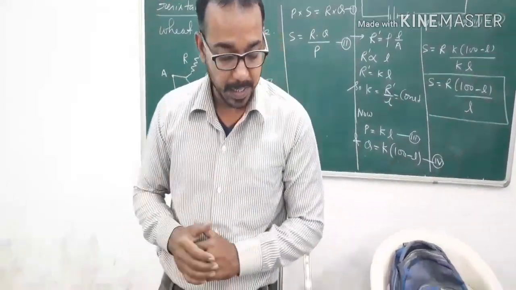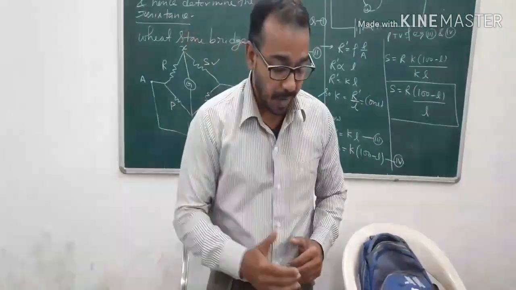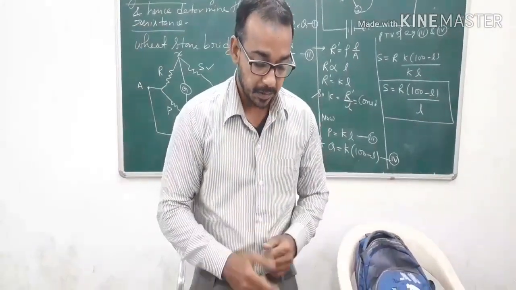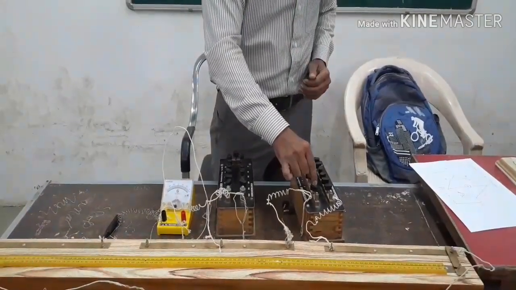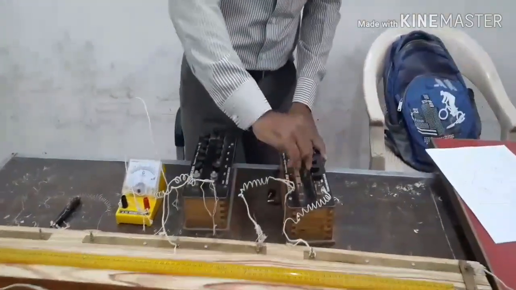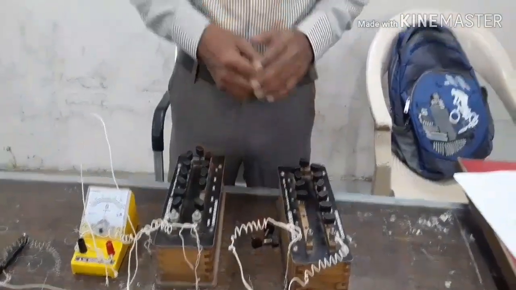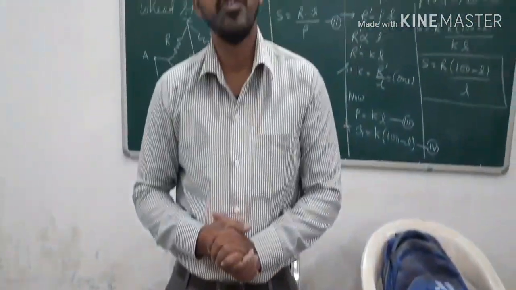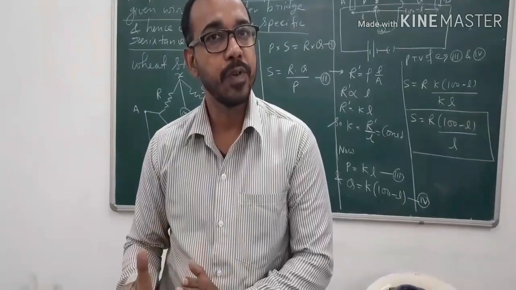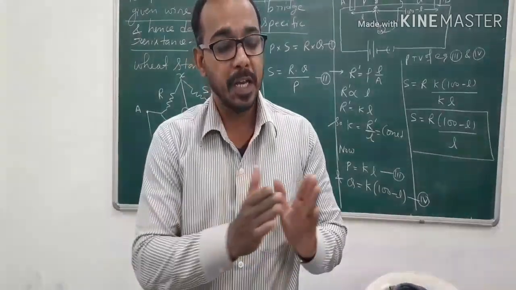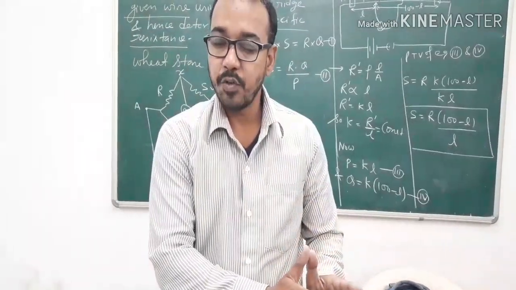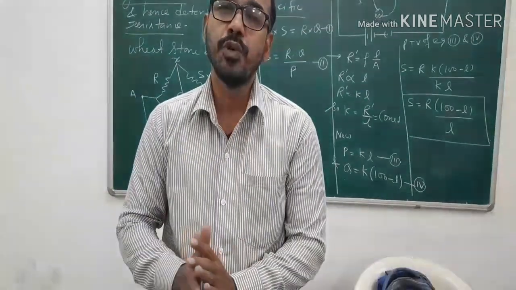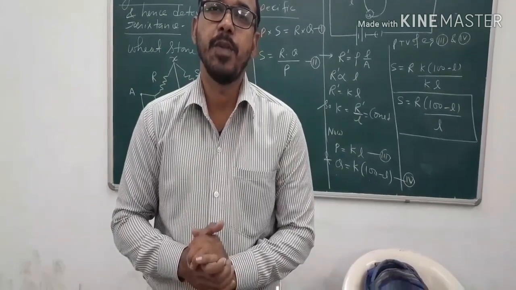After that you can change the value of resistance from the resistance box. If there is 2, you can also pluck out one more key. So 2 and 1, now the resistance of the resistance box becomes 3 ohm. Again you keep your jockey at that terminal and slide. You are sliding the jockey, that's why it is known as the slide wire meter bridge.